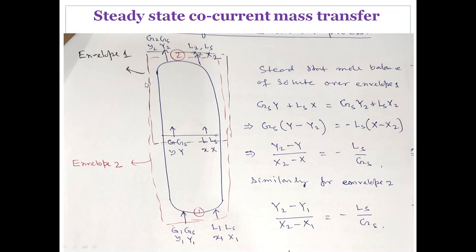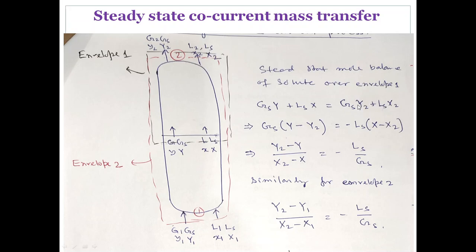Now if you take the material balance for envelope 1, that is up to this point, what is entering? G_S Y and L_S X are entering, and outgoing is G_S Y2 plus L_S X2.